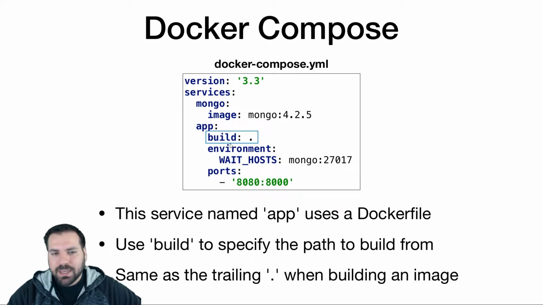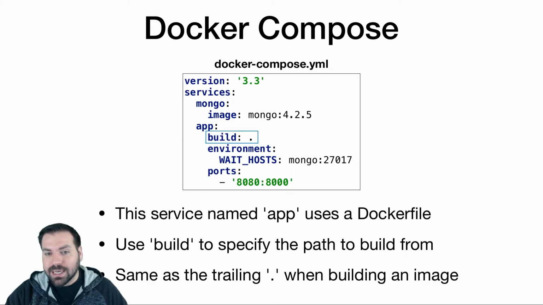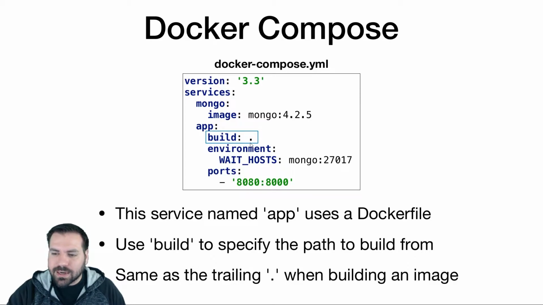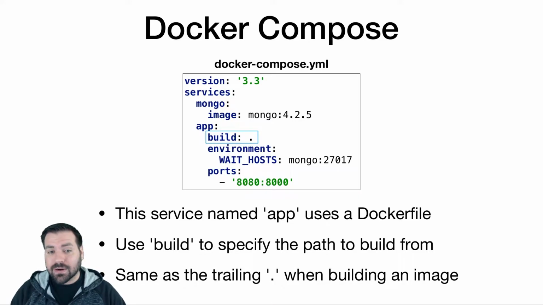So this is saying build from the current directory. So whatever directory the Docker Compose YAML file is in, it's going to look for a Docker file in that directory because we're specifying just dot, which is current directory. So that trailing dot, when you build your Docker containers, is very important because that's specifying where the Docker file lives for that container.